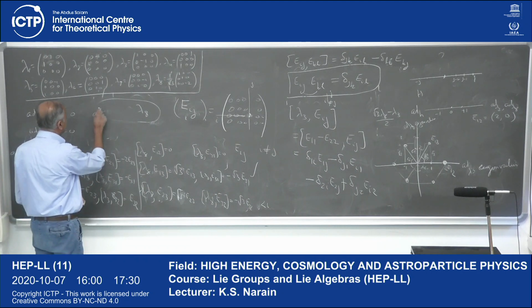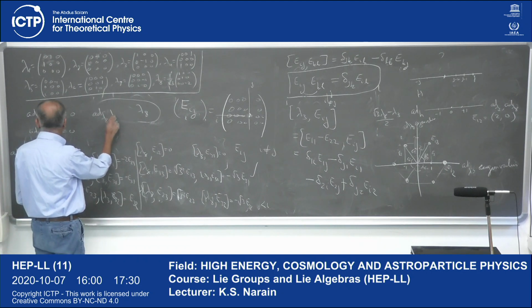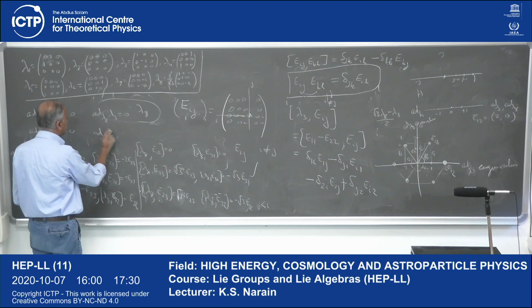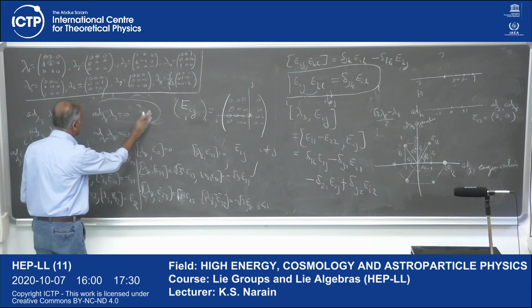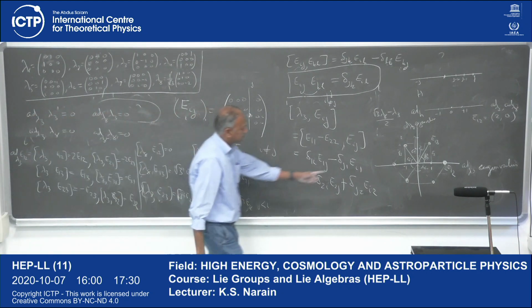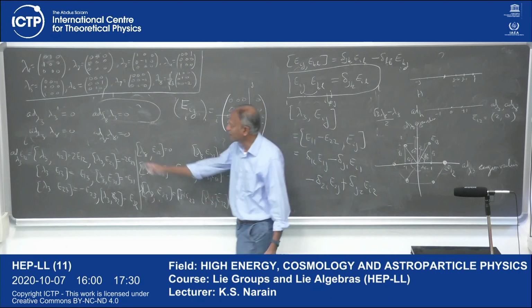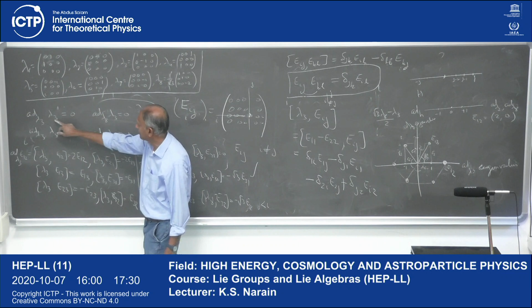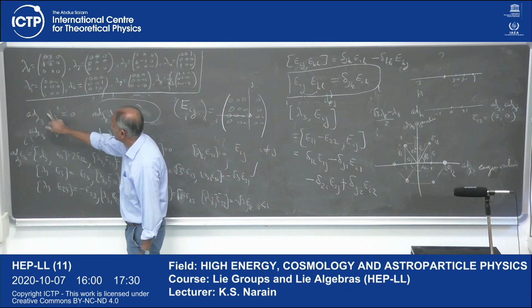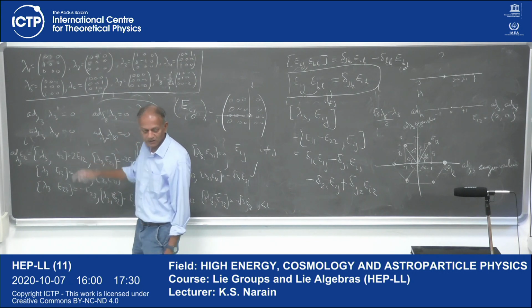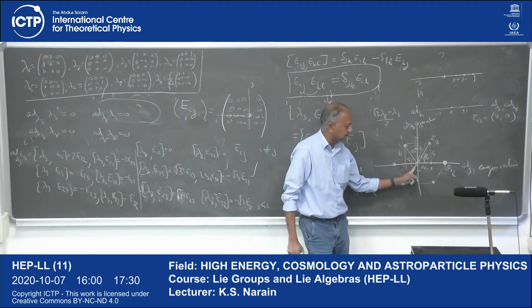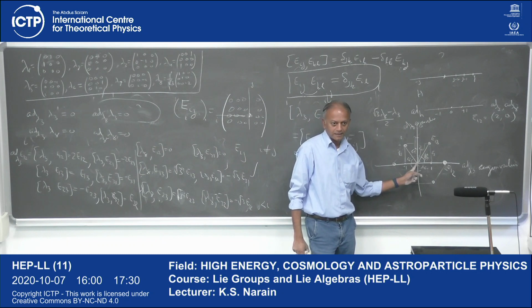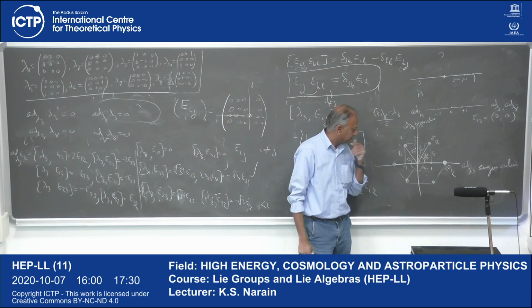And the same thing, ad lambda 8 acting on lambda 3 is 0, and ad lambda 8 acting on lambda 8 is 0. So in other words, the eigenvalue of lambda 3 and lambda 8 is 0 each, 0, 0. So there are 2 points here at the origin. Okay. So that's the picture.